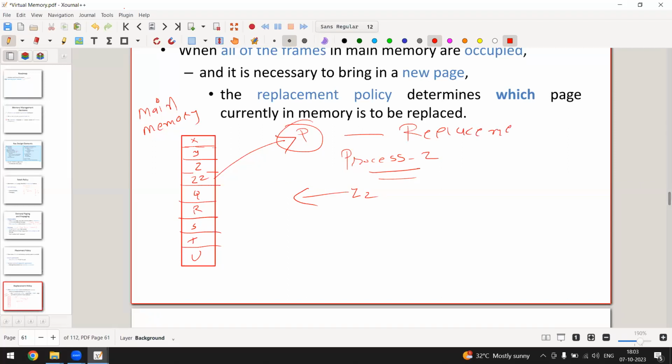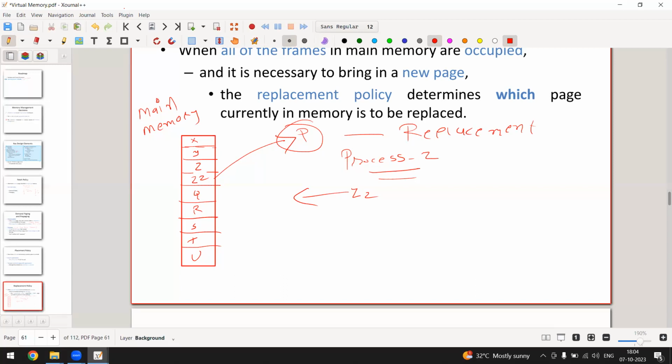And out of all the pages, why did you select this page P for the replacement? This decision is called the page replacement algorithm. See, very simple.